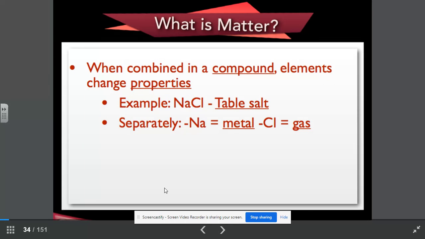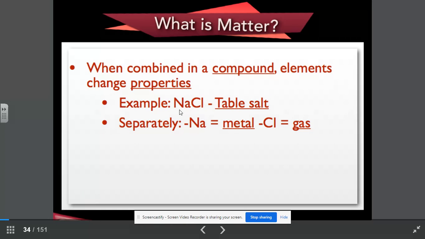When combined in a compound, elements change properties. So, for example, let's look at salt, table salt for a minute. This is Na, which stands for sodium, which is a metal. And then we have Cl, which is chlorine, which is a gas.